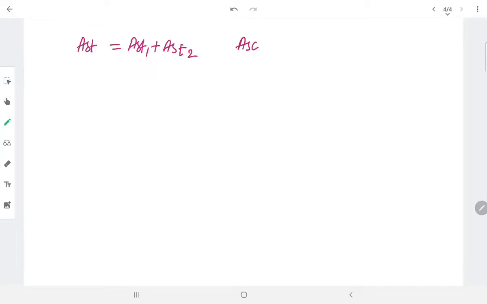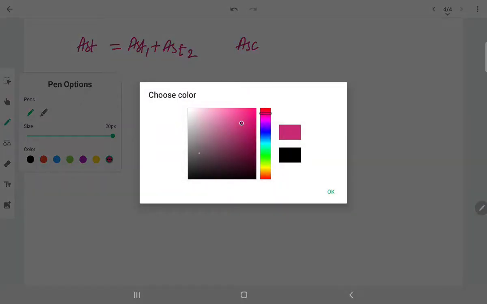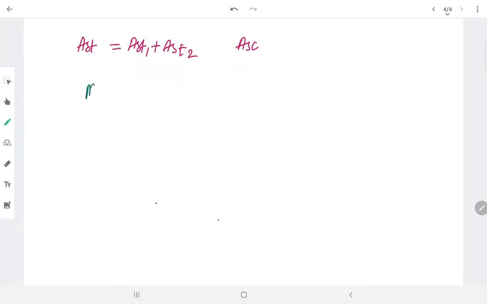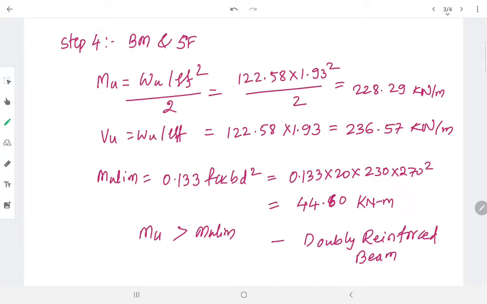To calculate these, I must calculate M1 and M2, moment 1 and 2. Moment 1 is nothing but Mu limit, which we have already calculated as 44.60.